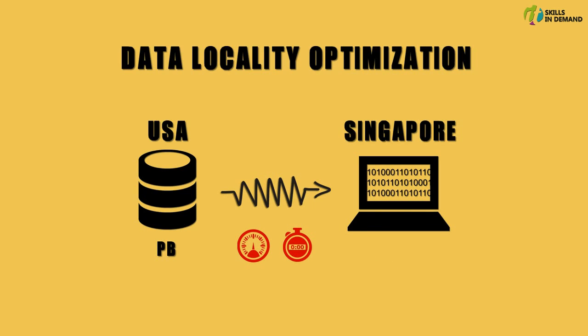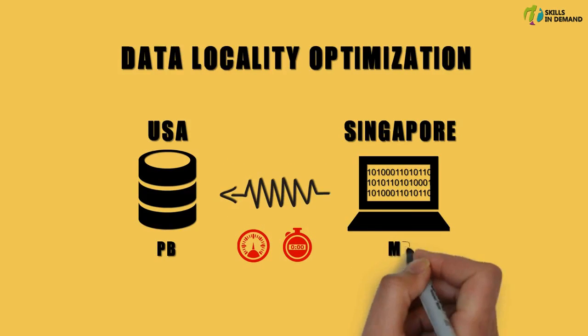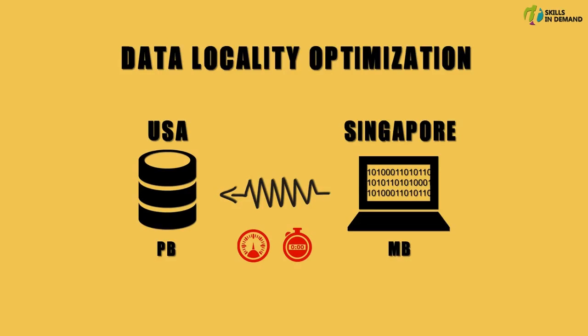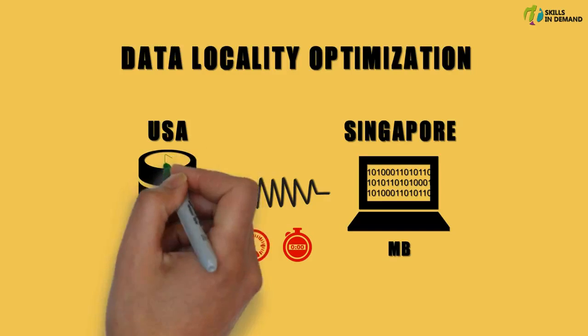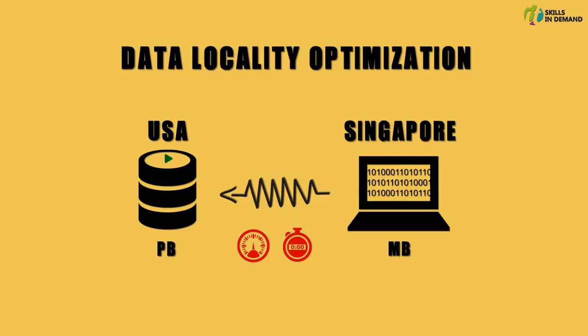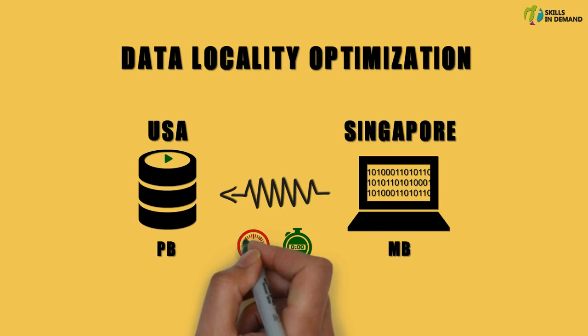Hadoop eliminates this problem by transferring the code, which is a few megabytes in size, located at Singapore to the data center located in USA, and then it compiles and executes the code locally on that data. Since this code is a few megabytes in size as compared to the input data, which is 1 petabyte in size, this saves a lot of time and bandwidth.